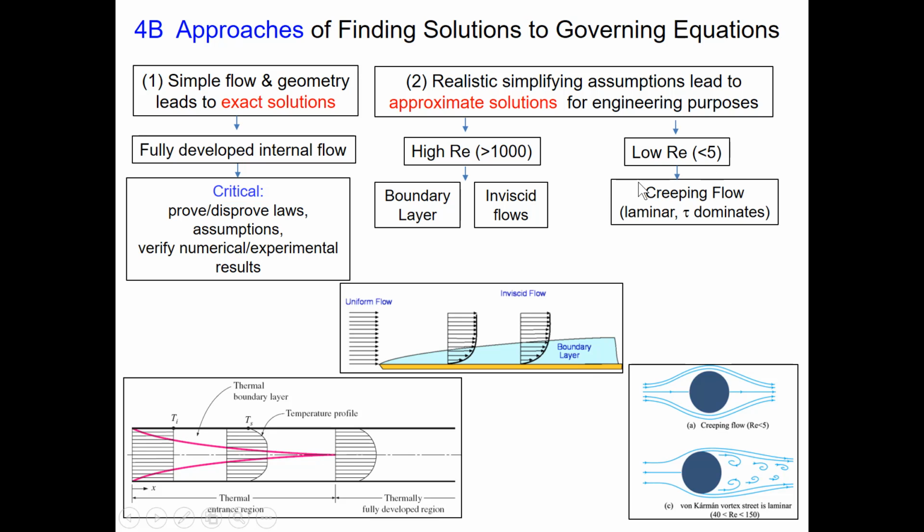For very low Reynolds number, the flow is called creeping or Stokes flow. It is always laminar and the viscous force dominates. This can be used to simplify the governing equation to get approximate solution.